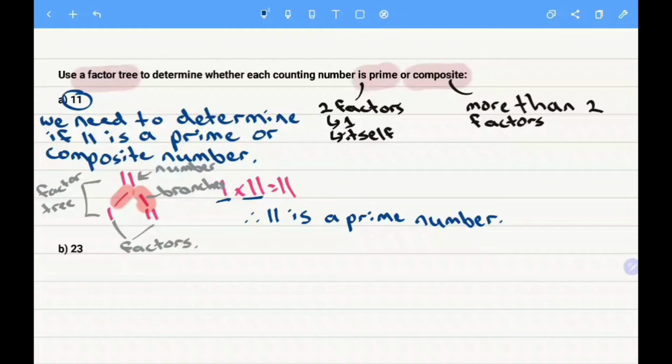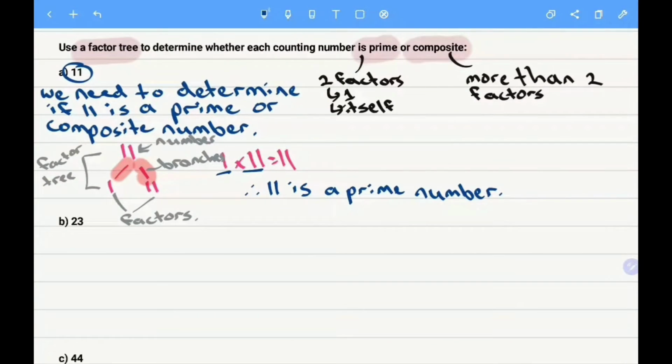Number 3, go back to your definition of prime and composite numbers and think about which category this number fits under. So you have to look at your factors and think about the definition and see which one it falls under. Number 4, make a conclusion. And in this example, this conclusion is therefore 11 is a prime number.